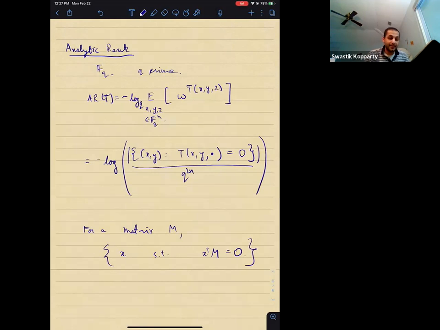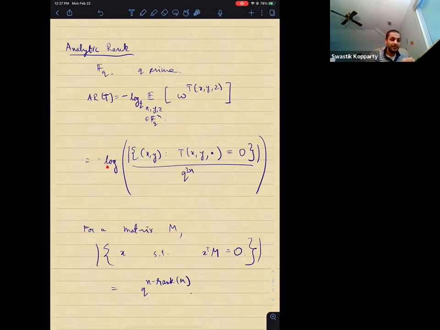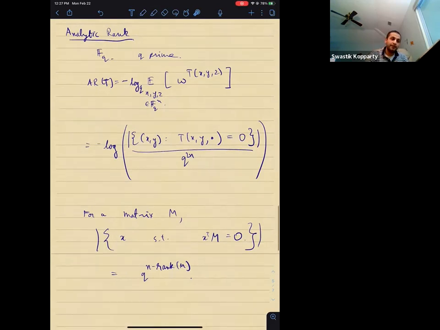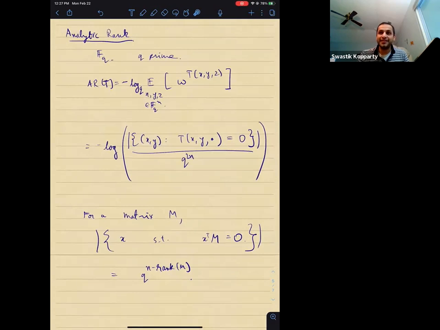The size of this set is q to the n minus the rank. This is a natural generalization of that.